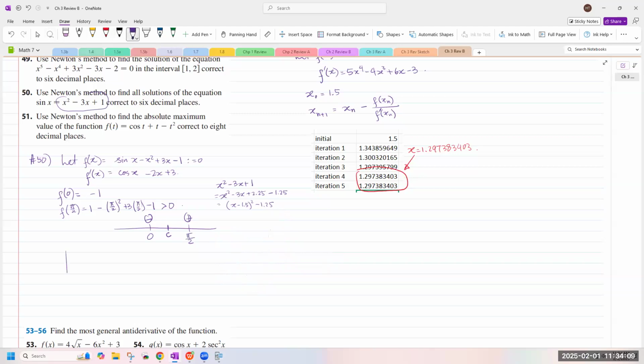Because according to the graph, sine x should look like this, right? This is sine x, and this is pi over 2 here. Now 1.5 is slightly to the left of that, and the graph looks like this then, huh? When x equals 0, oh yeah, so it looks like this.